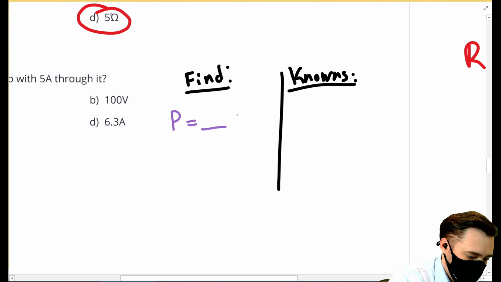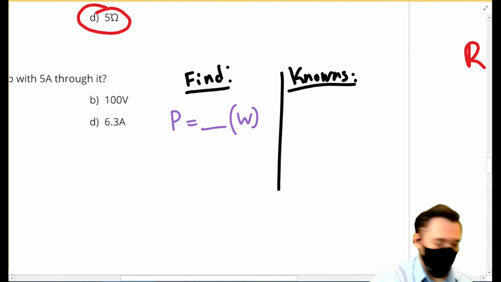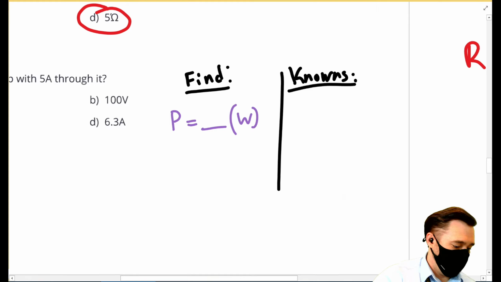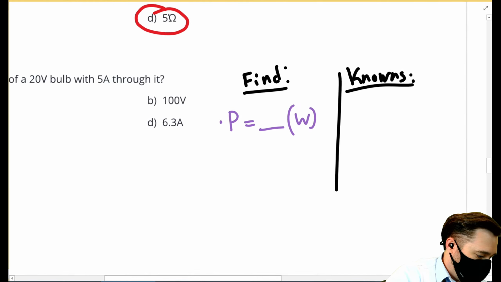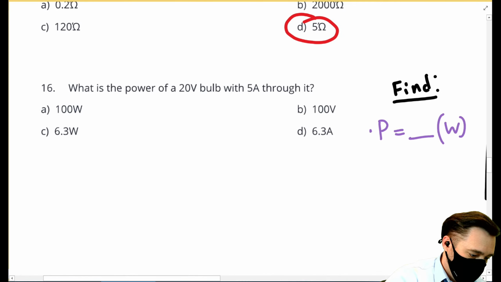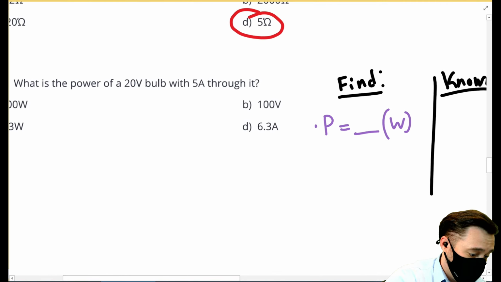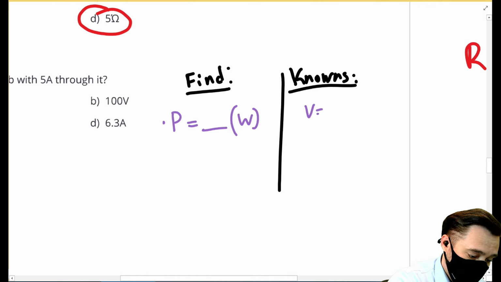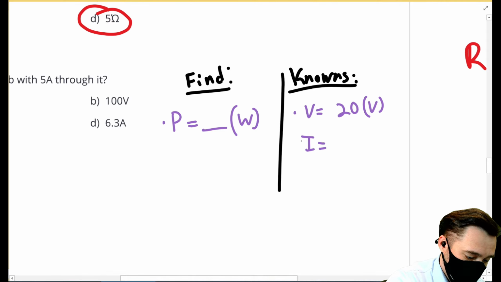That's better. All right, so power is in watts. Okay. And I have 20 volts. So that's my voltage. And then 5 amps. So voltage is equal to 20 volts. And then my current is equal to 5 amperes.